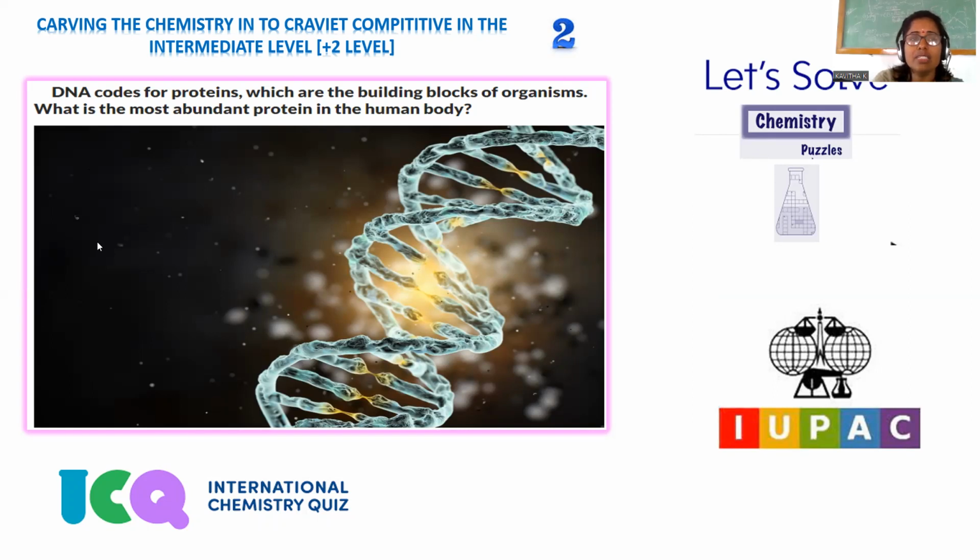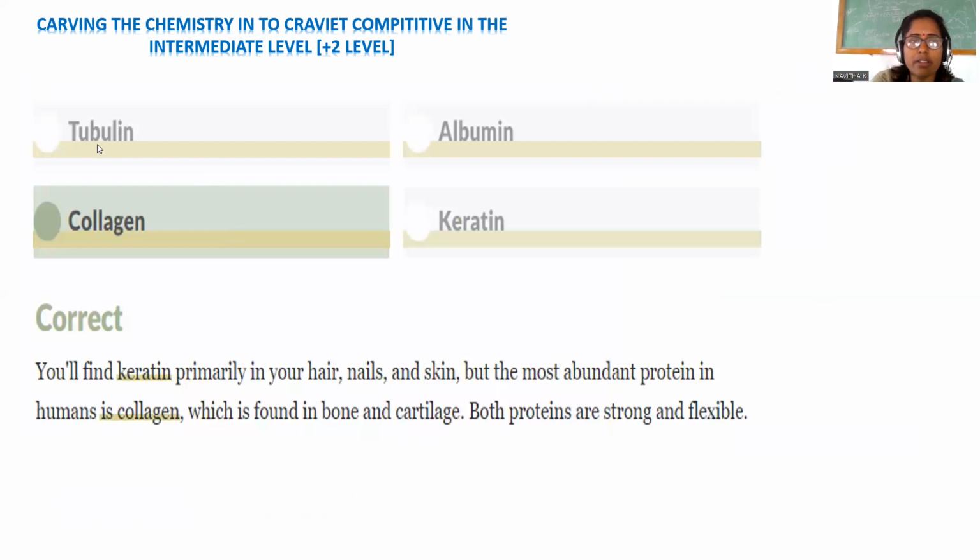And here you can find the triplets in the DNA, which are used to synthesize this protein. Protein synthesis is purely possible because of the DNA coding system. According to that, whichever protein is synthesized to a larger extent will be abundant in nature. The options provided are tubulin, albumin, collagen, keratin.